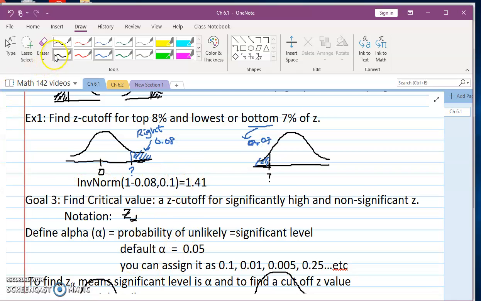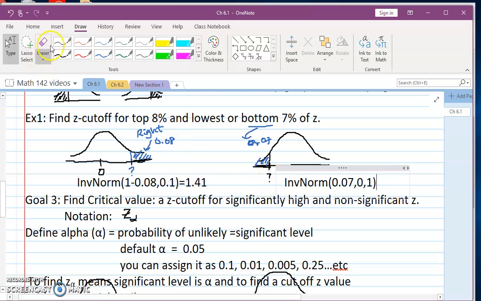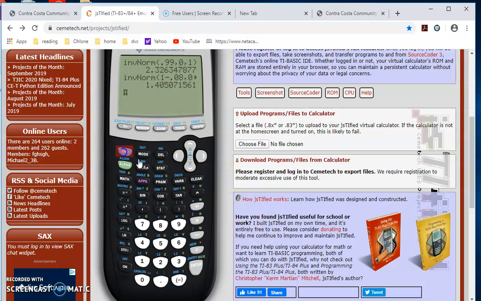That's very good because this is an easier command, because inverse normal always looks for left area. So you just give it the left area, which is 0.07, 0, 1. So in the calculator, very straightforward. Second, vars, inverse norm. We don't need to do 1 minus, it's just 0.07, because that's the left area.